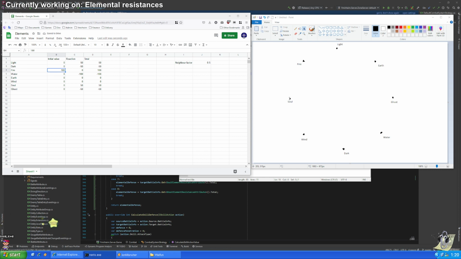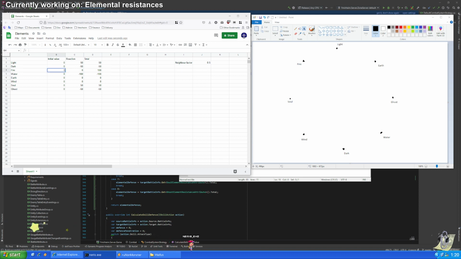Fire, we should have 50 soul and light, and minus 50 dark and ghost, and minus 100 wind, wait, minus 100 water, yes.